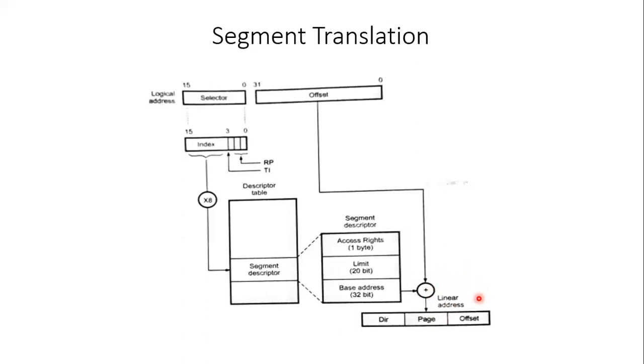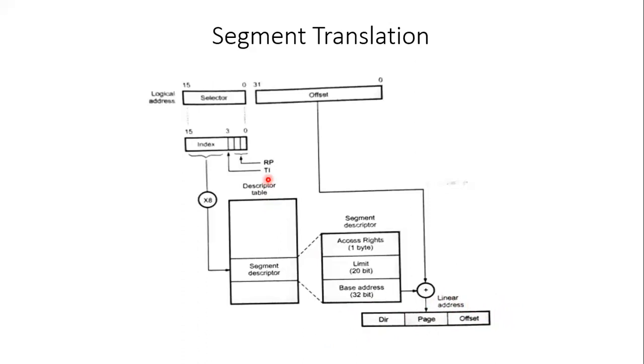So why are we carrying out this whole process? Because we need to add the base address to an effective address or offset in order to generate a linear address. And what are this dir, page, and offset? It is nothing but the effective linear address or offset address, and this is the format of your linear address.